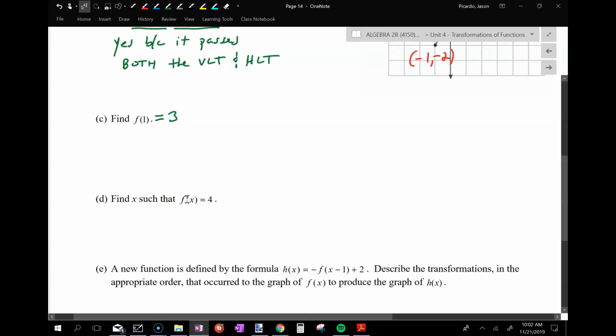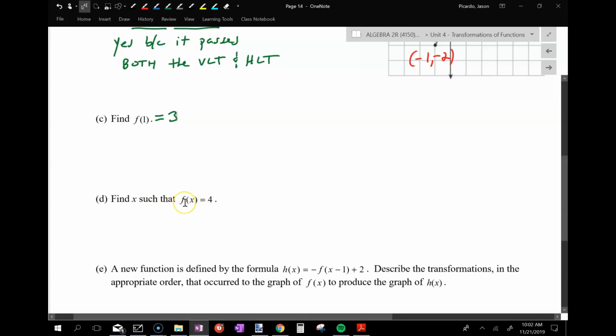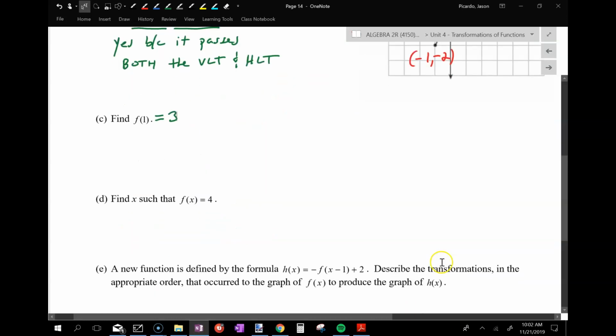Y, yeah. The x value of y equals 4, because f of x is another way of saying y, isn't it? And so this is saying what x value gives y equal to 4? Well, what x value gets me y equal to 4? 3.